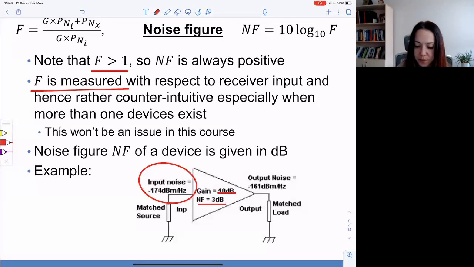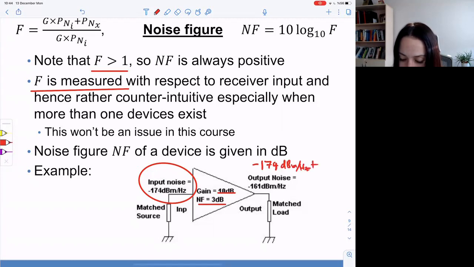What does this mean? For the output noise, okay, we have minus 174 dBm per hertz plus 10 dB gain plus 3 dB noise figure, which is going to give us minus 161 dBm per hertz.